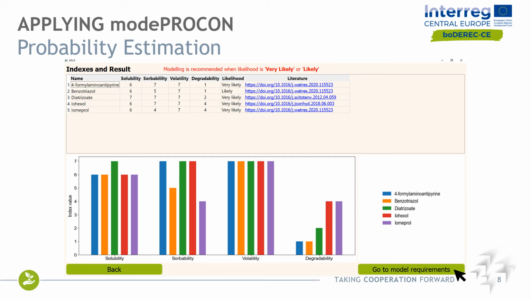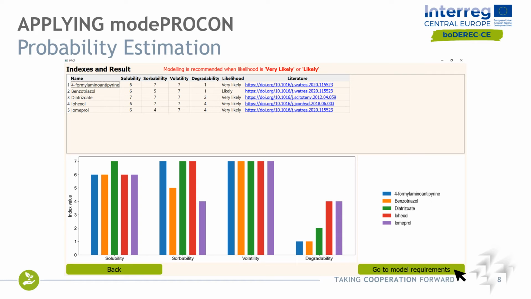And except of benzotriazole and iomeprol, the compounds show a little sorption capacity. Although iomeprol and benzotriazole can sorb both moderately, they do not show the same probability to be detected in the groundwater. This is related to the biodegradability.